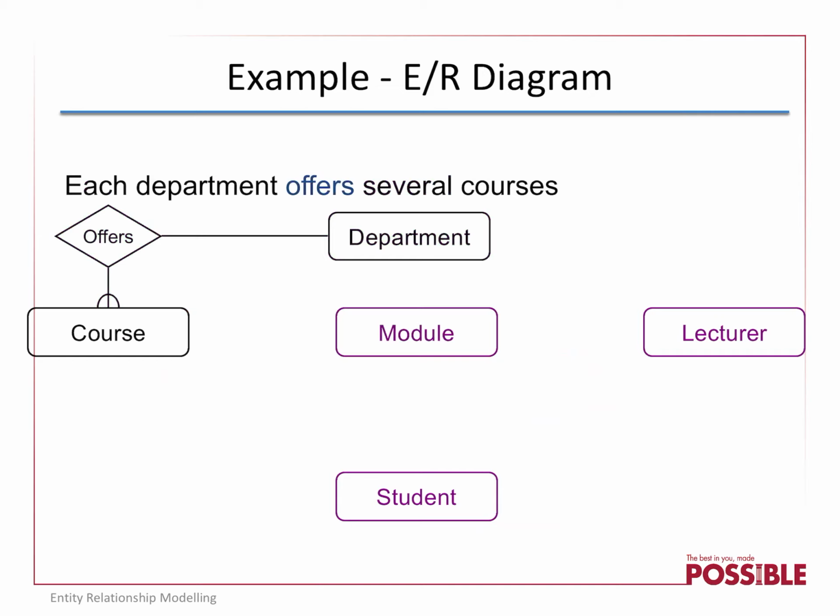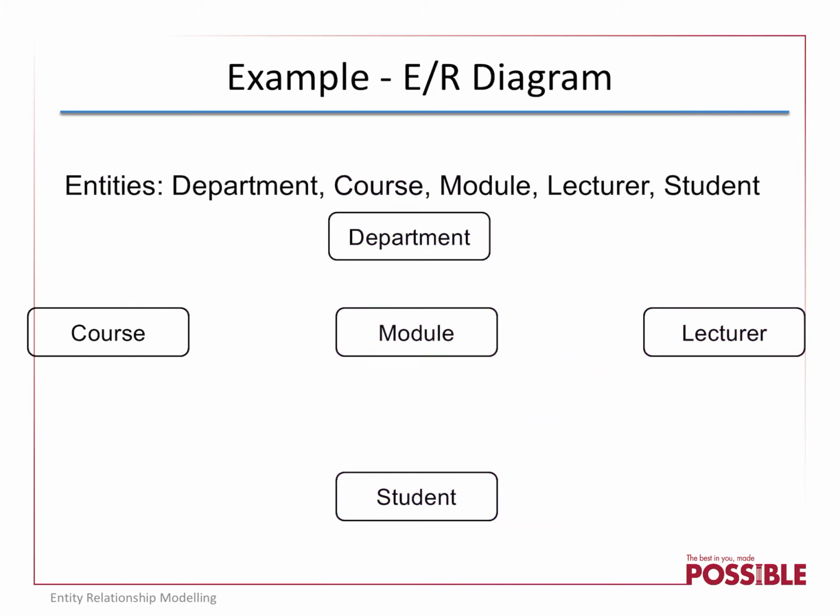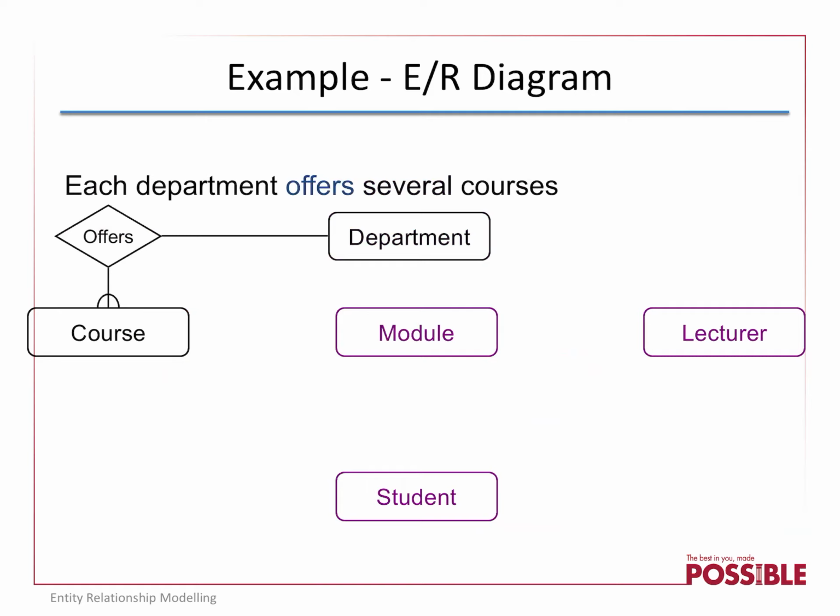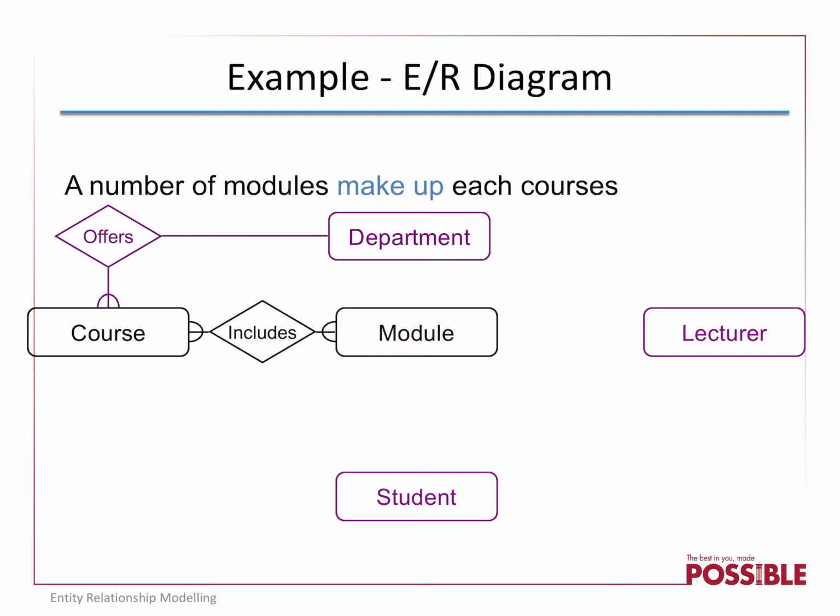By the way, you can put the cardinality. Look at this sentence. Each department offers several: each means one, several means many, so one to many. A number of modules make up each course. You have many modules, and a number means many.